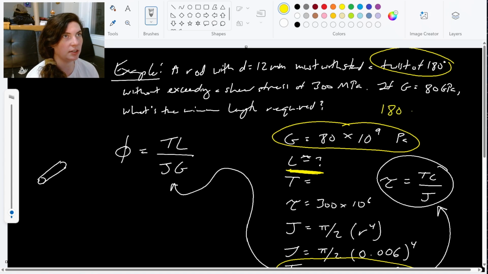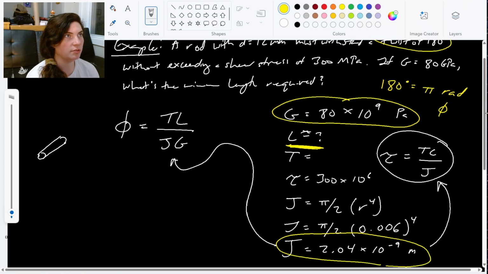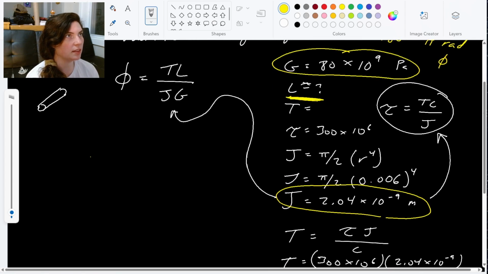So 180 degrees equals pi radians, which is important because phi is always going to be in radians. So I'm going to rearrange this equation to solve for length. So our length is going to be phi J G over torque.